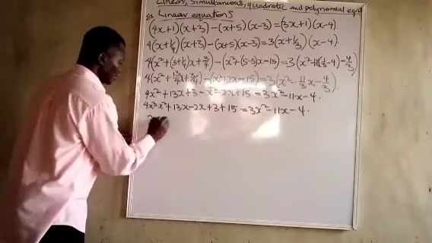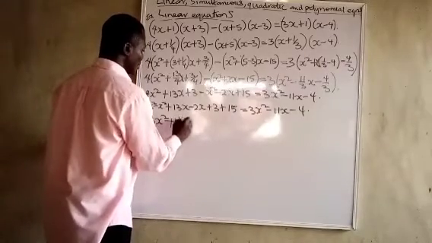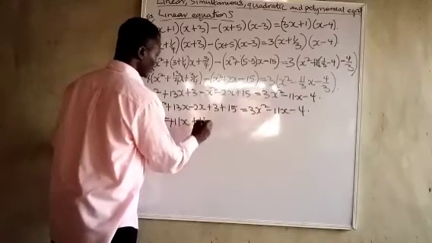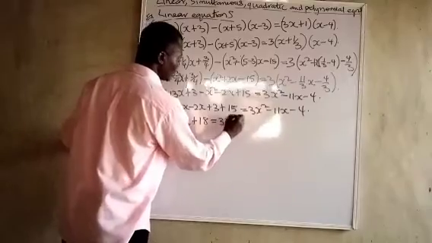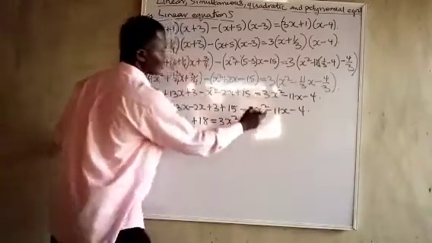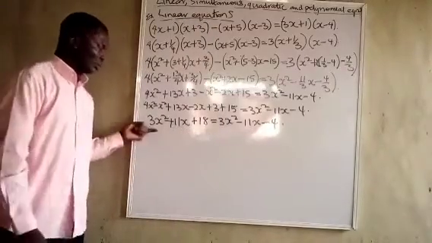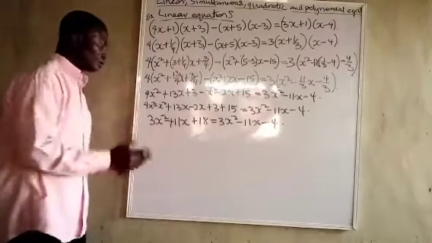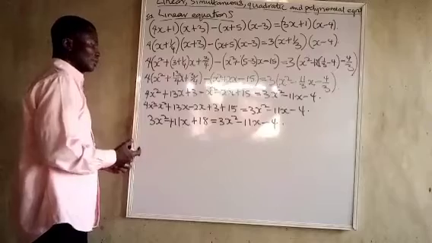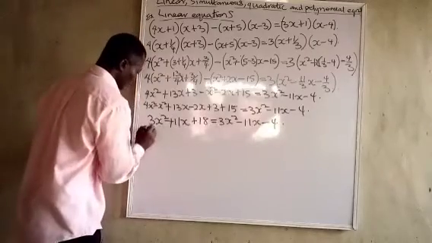So this one is giving me 3x squared, 13x minus 2x plus 11x plus 18 is equal to 3x squared minus 11x minus 4. Now, I have to start using my own ingenuity to solve this.